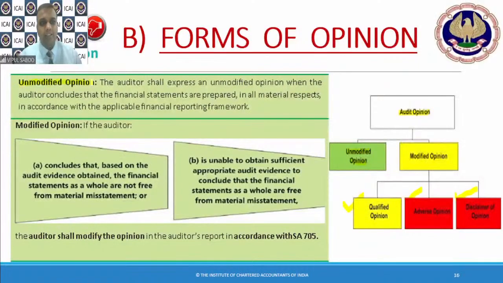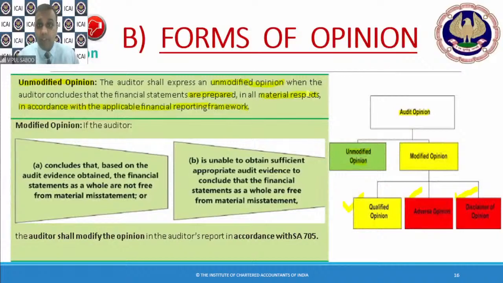Unmodified means clean. Everything is okay, perfect. The auditor shall express an unmodified opinion when the auditor has evaluated all his audit evidence and has come to a conclusion that the financial statements are prepared in all material respects, as per the financial reporting framework and statutory compliances, in accordance with the applicable financial reporting framework.